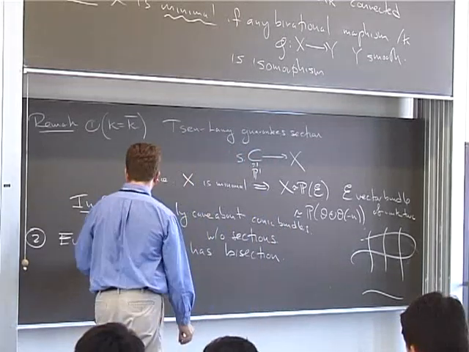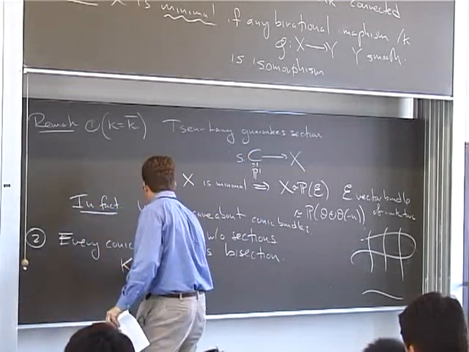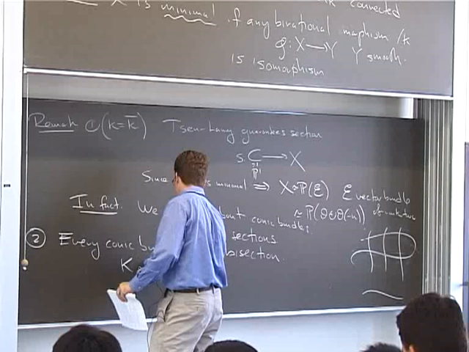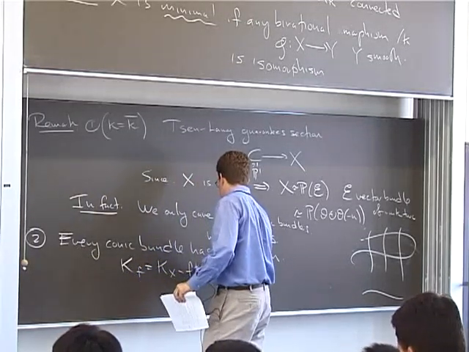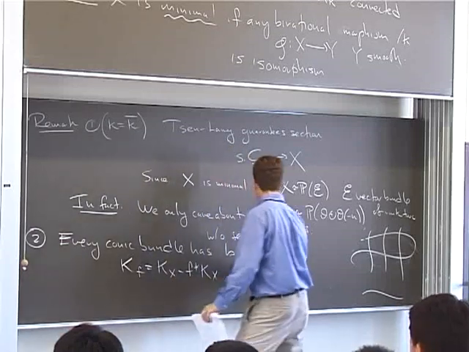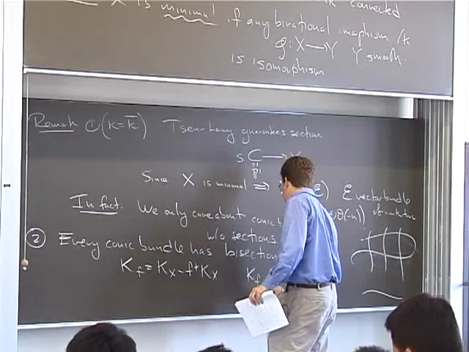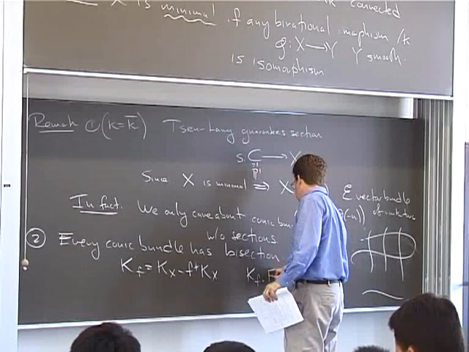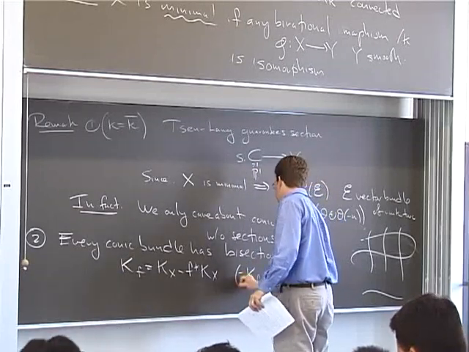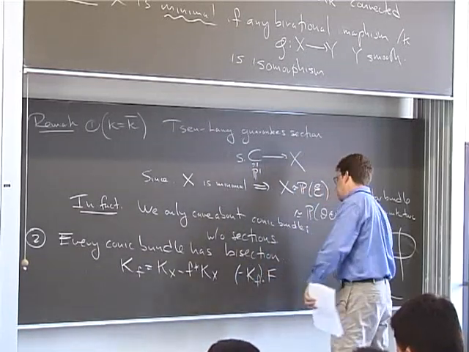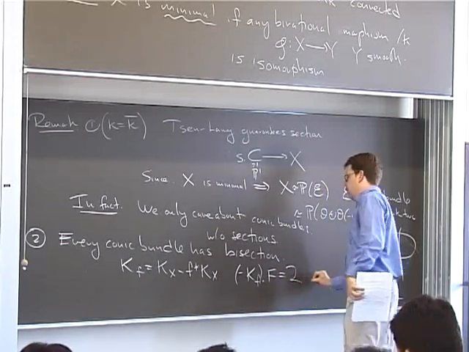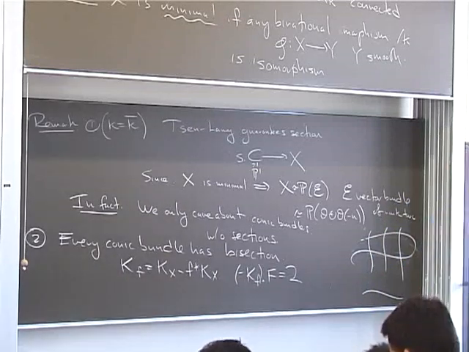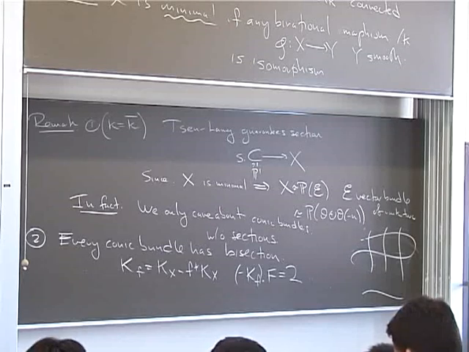The reason is that if I look at the relative canonical class, this intersects each fiber, well, minus this, intersects each fiber in degree 2. And by suitably localizing the base, you can always find a bisection.